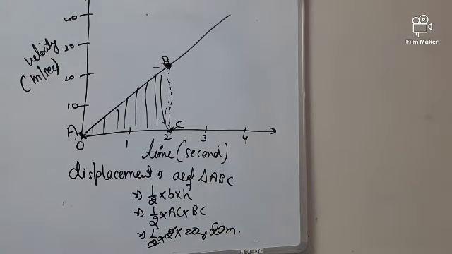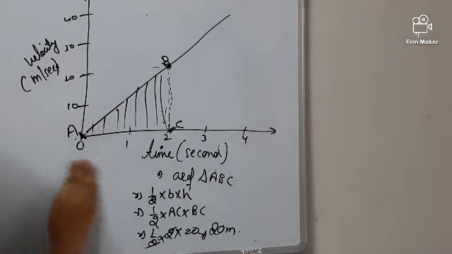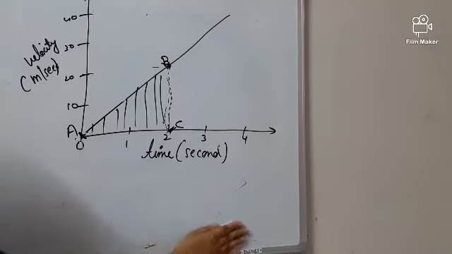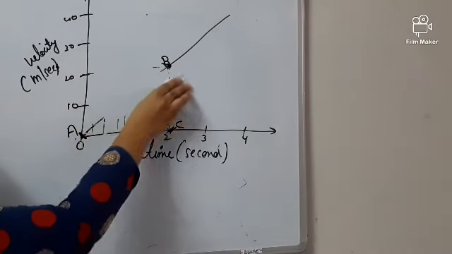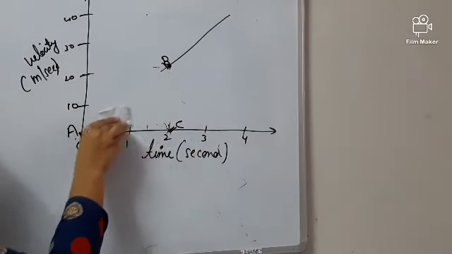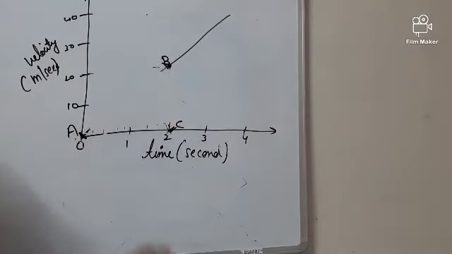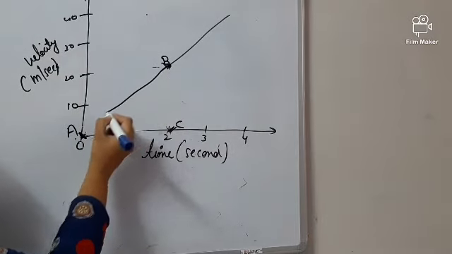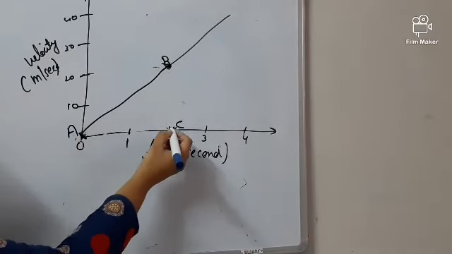Now suppose in the same graph somebody changes the points. Let's say the points A and B which you have to find are changed. Let's say this is 1, this is 2.